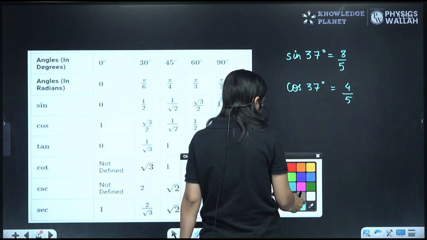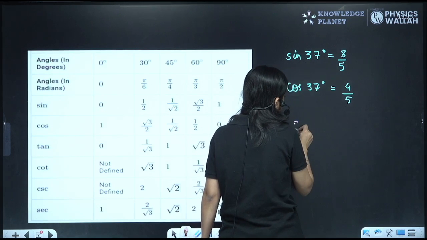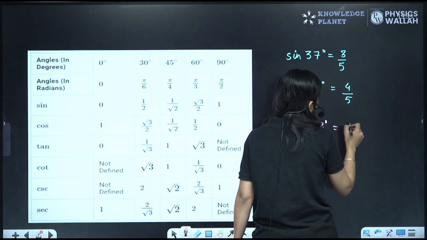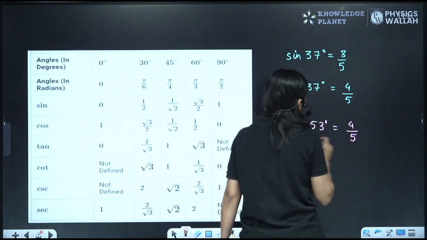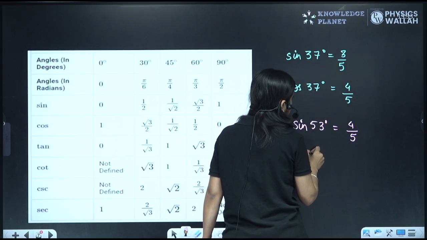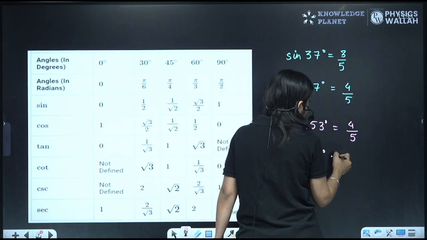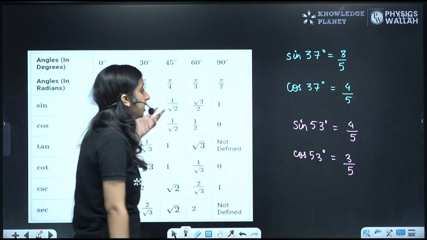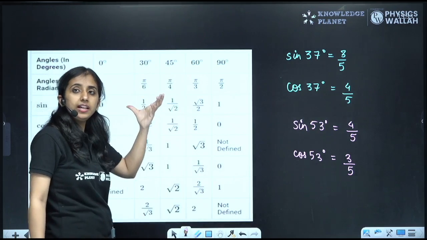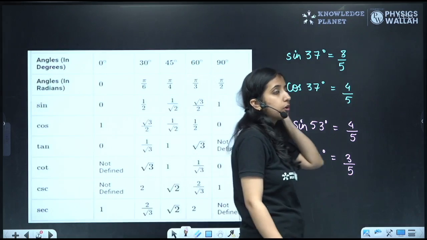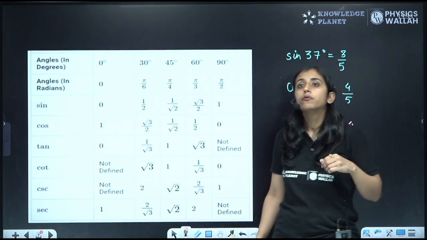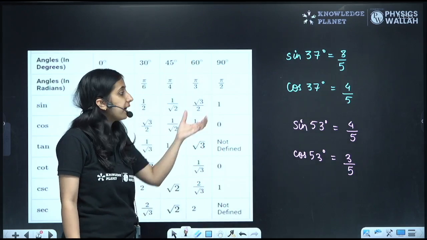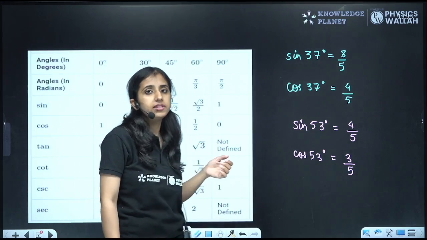And the next one is sine of 53 degrees is equal to 4 by 5, and cos of 53 degrees is equal to 3 by 5. So we need to remember the values of these trigonometric functions for 37 and 53 degrees as well, because these angles are frequently used in physics questions.